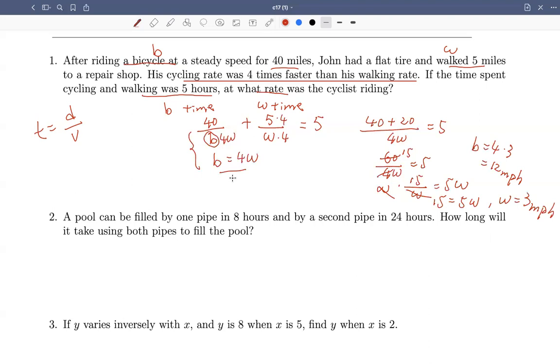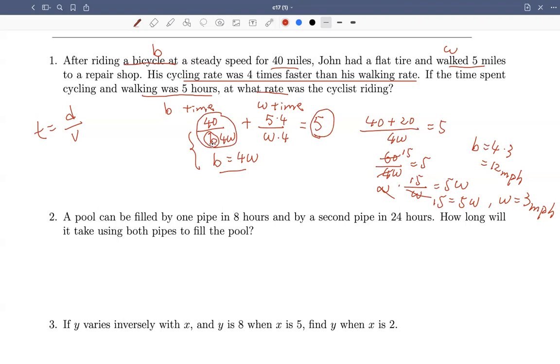Okay, so what did we do? We know the bicycling and the walking time total together is 5 hours. So we figure out the time he spent bicycling, which is 40 miles divided by his speed.